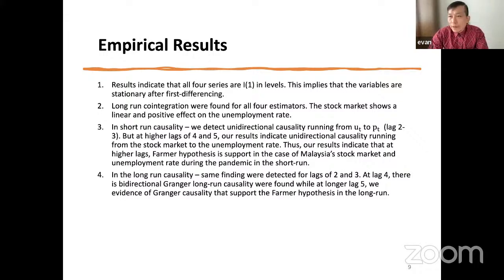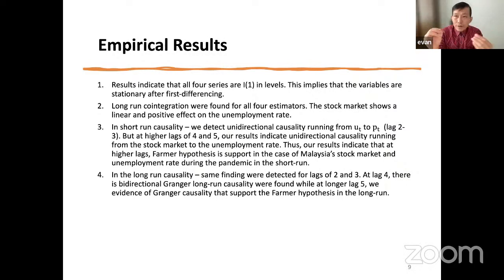And then the second one is that we estimated 4 estimators for the co-integration, which show that the stock market has a linear and positive effect on unemployment. This means that in this sense we only estimate that linear co-integration exists between stock market, unemployment, and the 2 additional variables that we put into the modeling process.